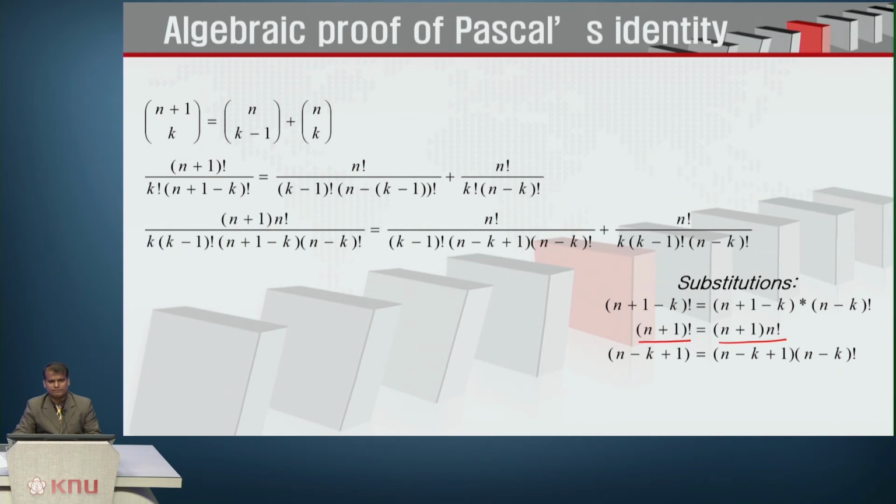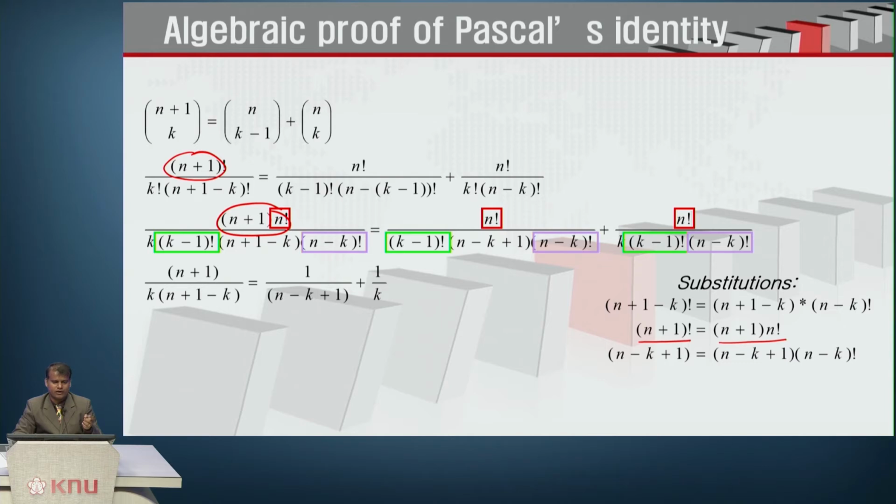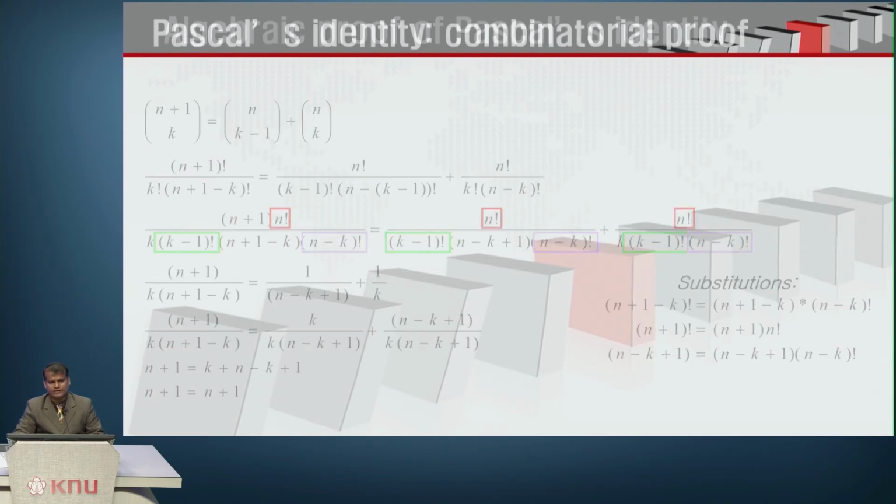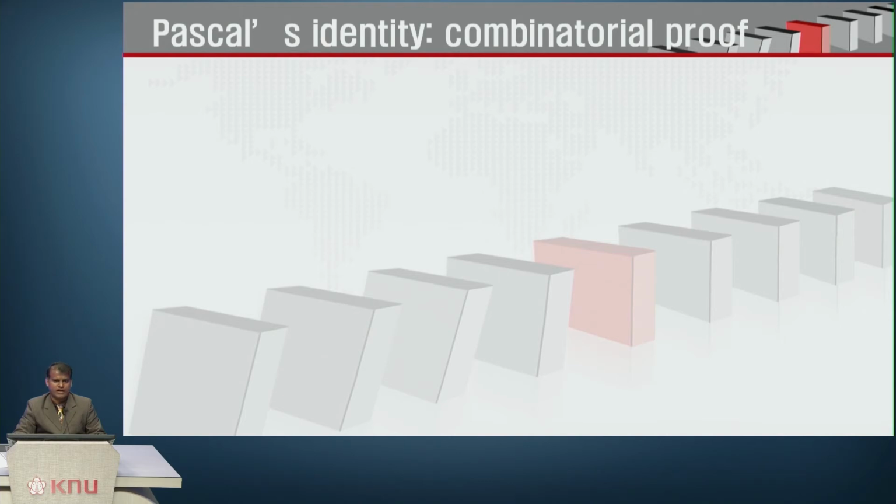Once you substitute these values and simplify, the overall expression takes us to n plus 1 equals n plus 1, that is, the right hand side equals the left hand side. We just proved a simple identity. We have just seen the algebraic proof.